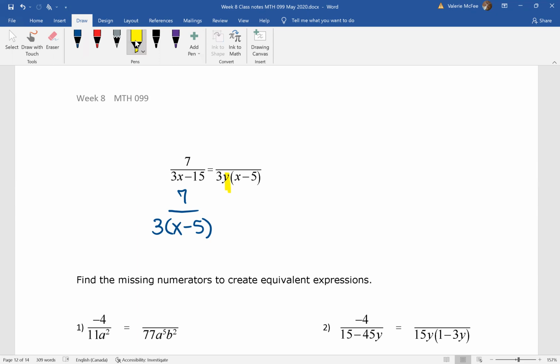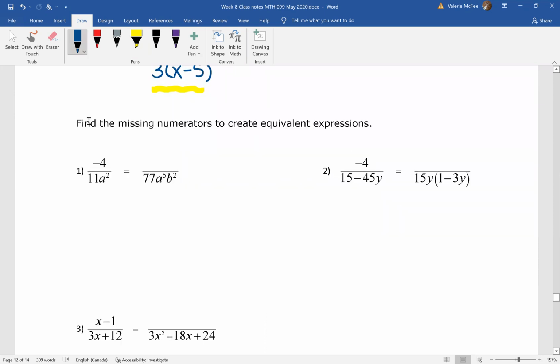Do you notice that the y is missing? We don't have y in our first expression. So we're going to need to multiply the numerator and the denominator by y to get our equivalent expression. That means that our equivalent expression here is 7y all over 3y times x minus 5.